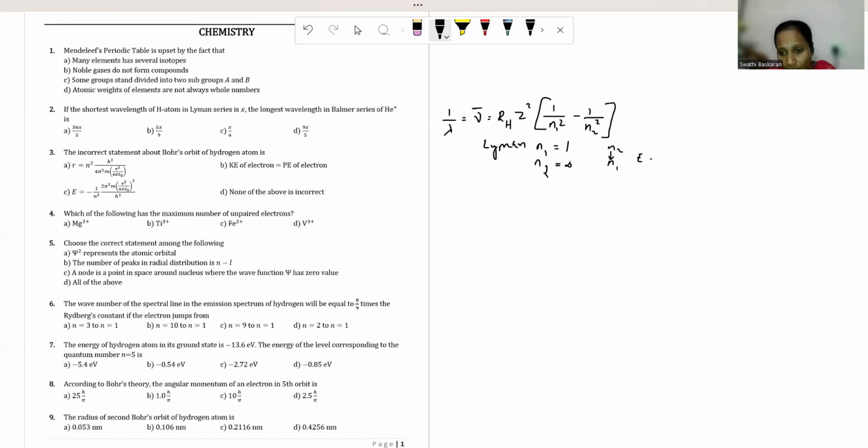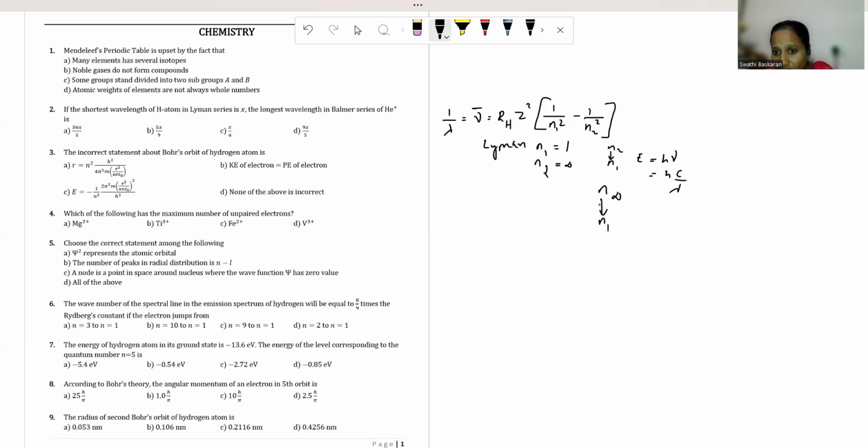Now we know the relationship between energy, wavelength and frequency. Basically, we write E is equal to h nu, which is also equal to hc by lambda. If energy is more, wavelength will be less. Now compare the emission taking place from N2 to N1 and from N infinity to N1.